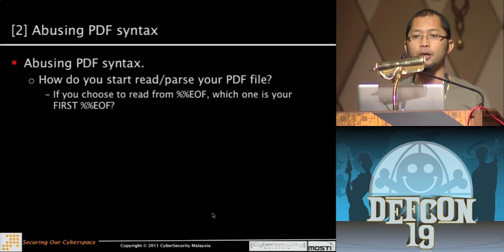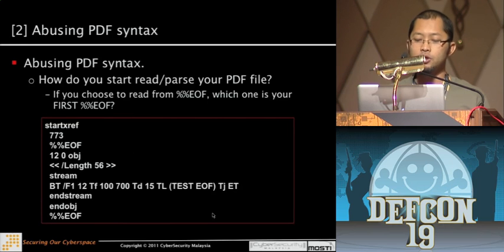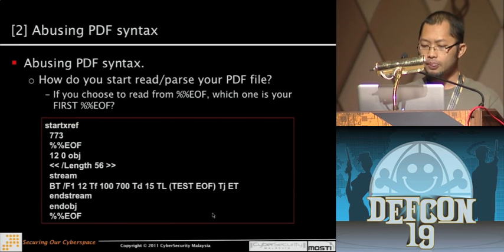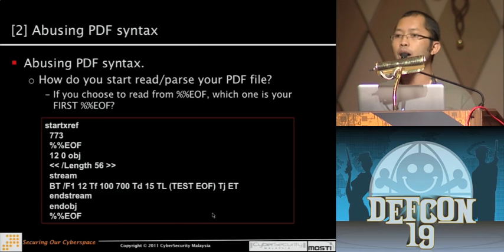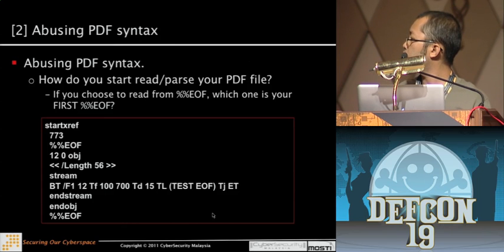Because like I mentioned earlier, you can have multiple EOFs within a single PDF file. For example, this one. If you're parsing your PDF file using EOF as a starting point, which EOF do you want to refer to?